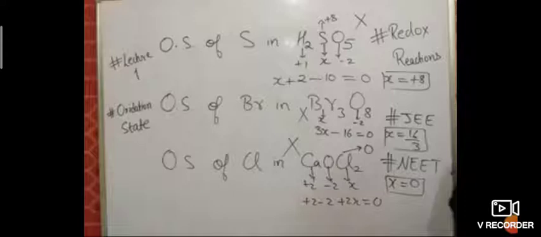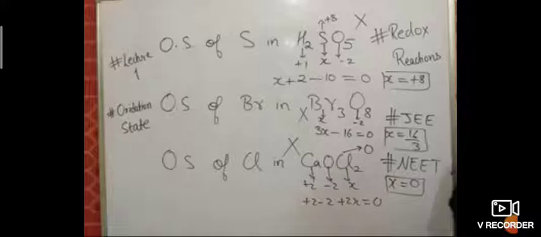So when an atom combines with another which has different electronegativity, there is a shift of electron control from the less electronegative to the more electronegative atom.